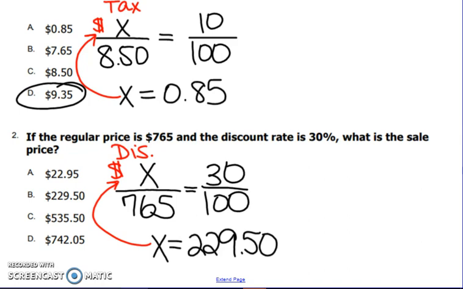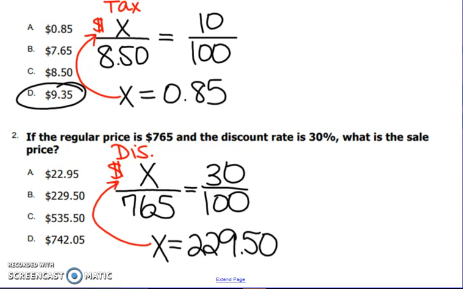So before I automatically go and select answer choice B, I want to stop because I want to go back and read that question. That's super important that you guys are going back and reading that question. It says, what is the sale price? That means if I go purchase this item, I am actually going to be paying the sale price.